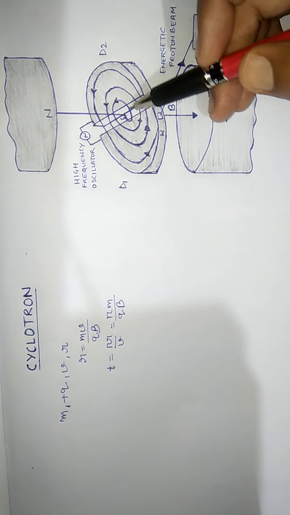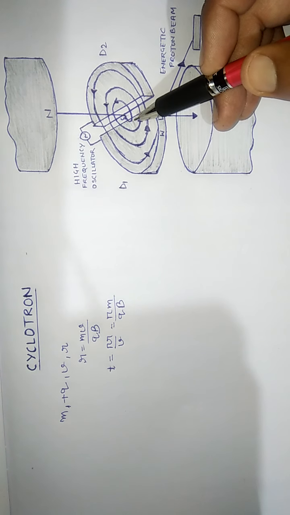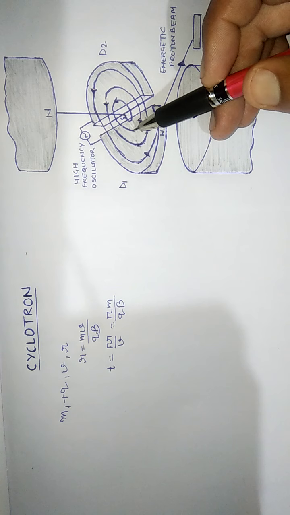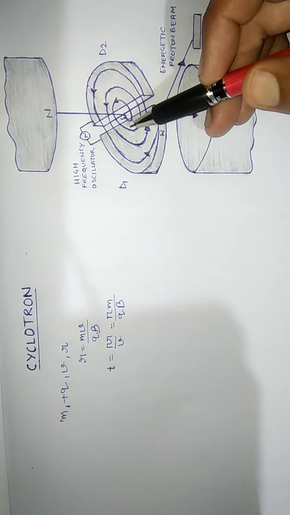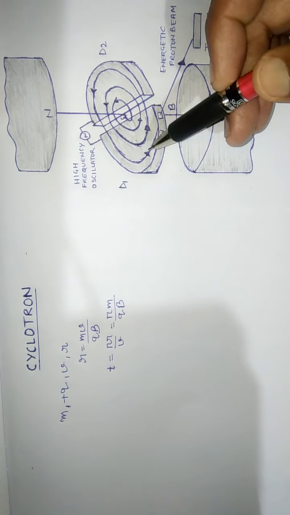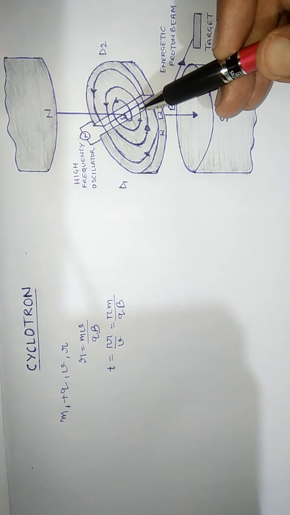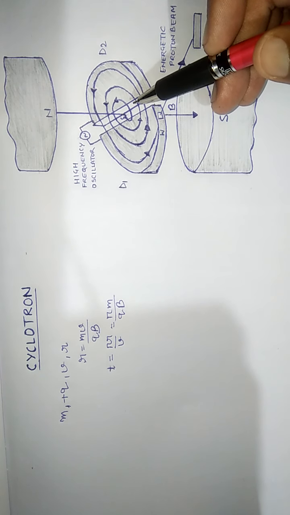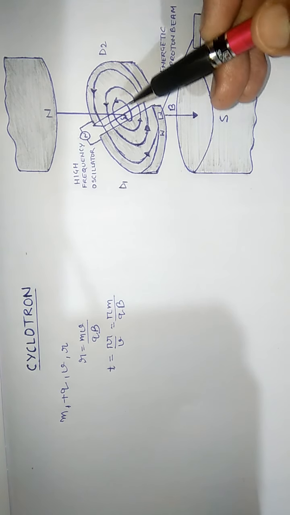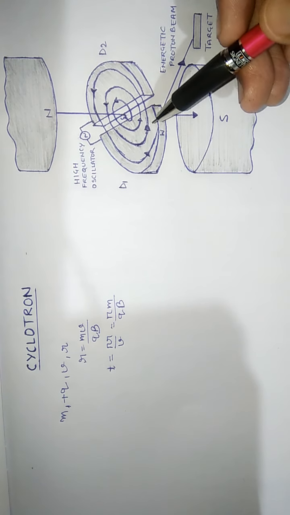So its velocity is increased and now it rotates in a circle of greater radius, but the time of passage through D2 is still the same.